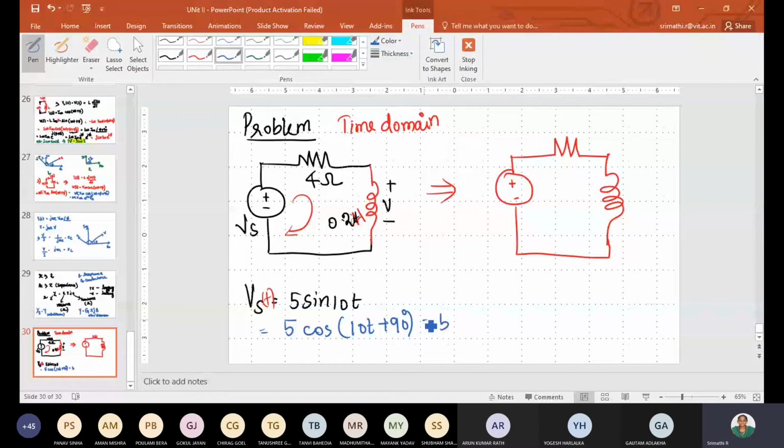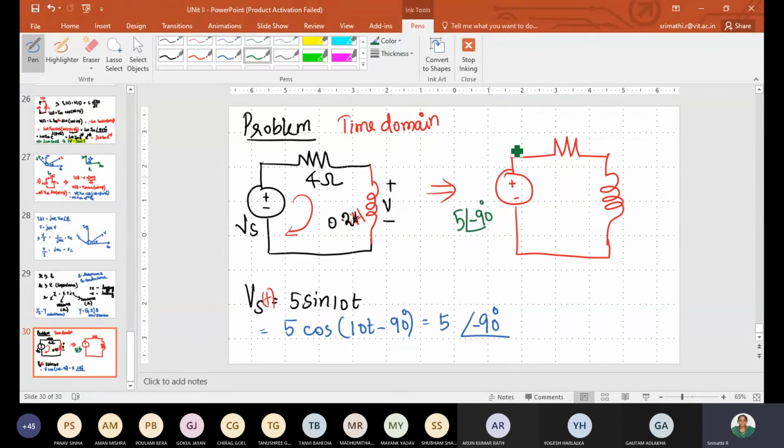Ma'am, it will be minus 90. 5 angle minus 90. I have written it wrongly, right? Angle minus 90 degree. So I will write this as 5 angle minus 90 degree.